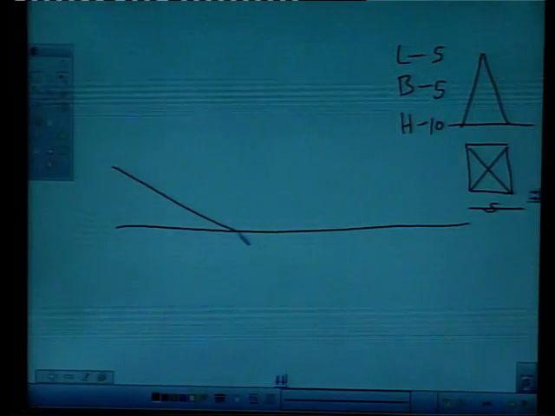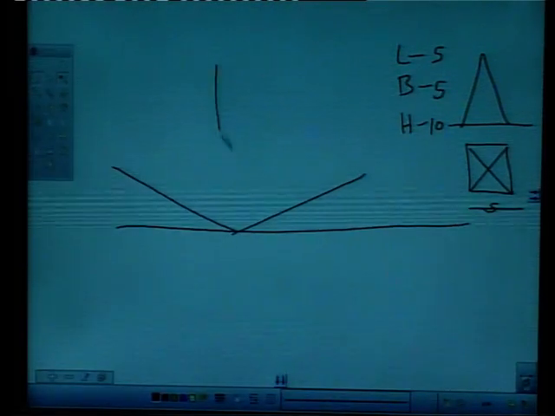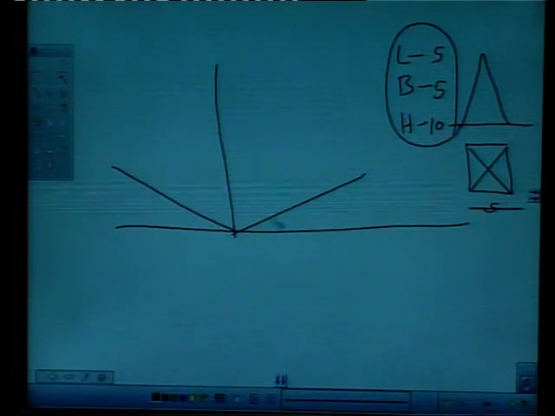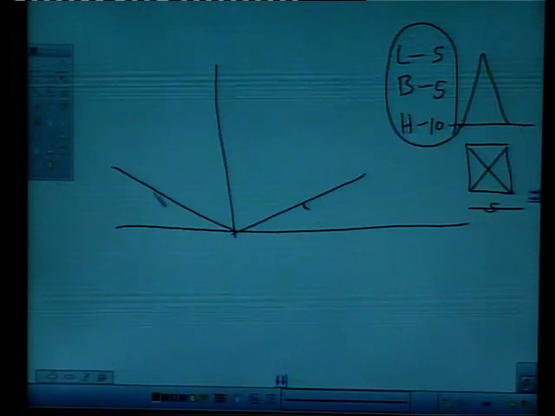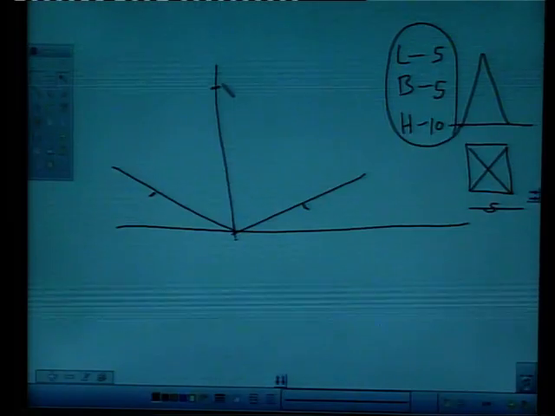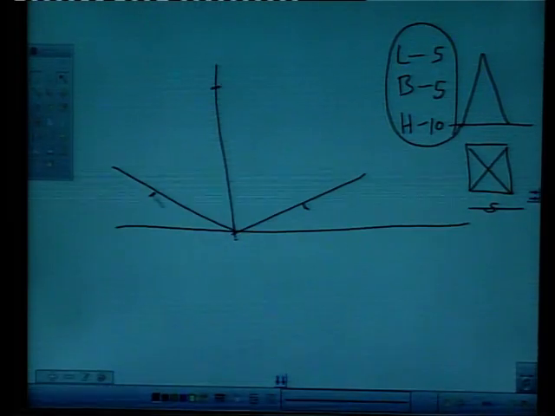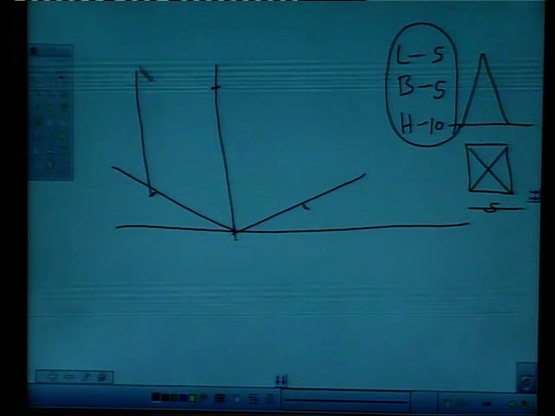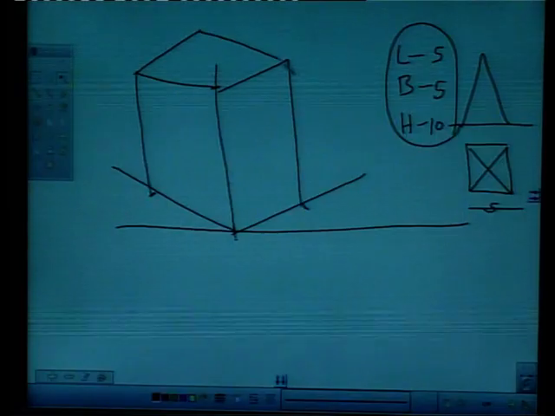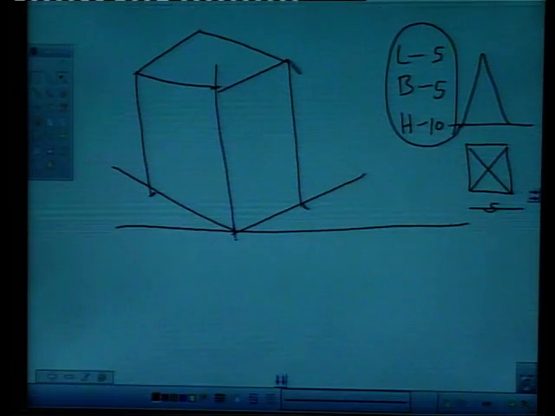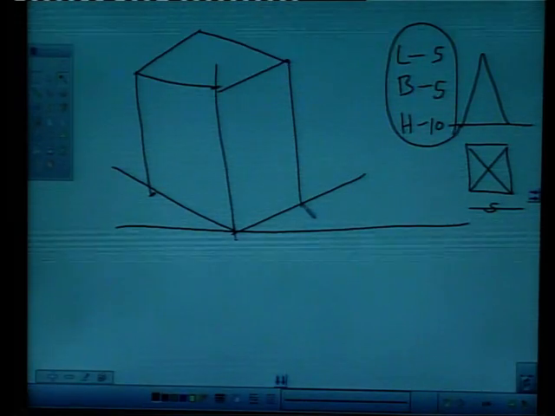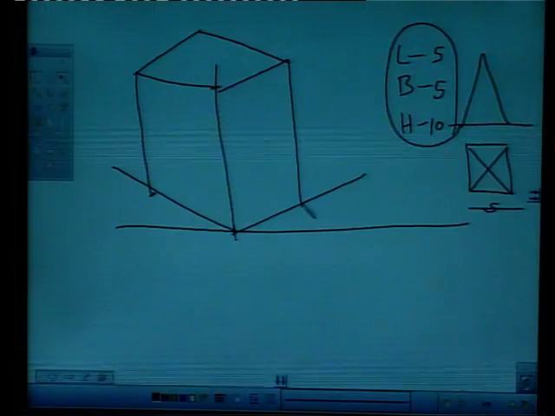What we will do is, we will draw a cuboid with these dimensions, like we will take 5 here, we will take 5 here, right, and we will take 10 on height line, right, and we will complete a cuboid. Right. This is a cuboid with length 5 centimeter, breadth 5 centimeter and height as 10 centimeter.